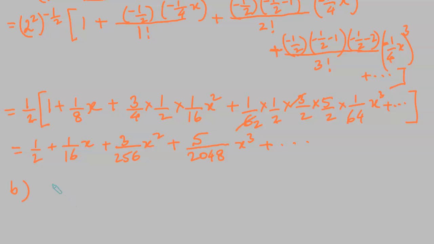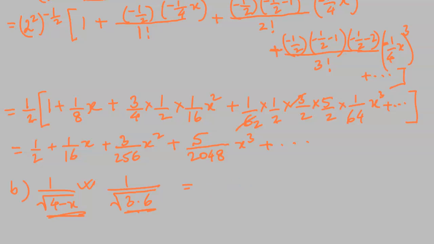The expansion was for 1 over under root 4 minus x. And now they are asking us to estimate 1 over under root 3.6 using this expansion. So we have to write this 3.6 in this form, 4 minus x.